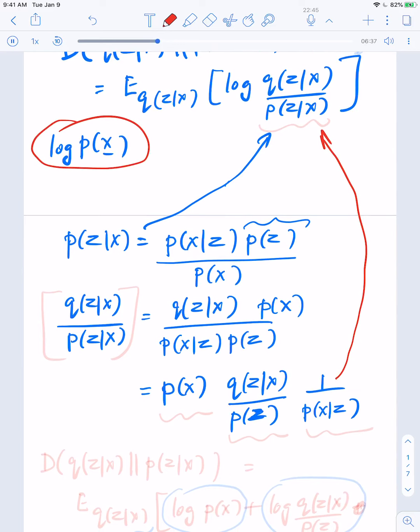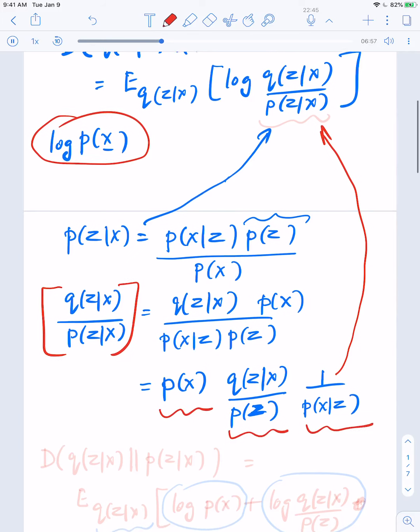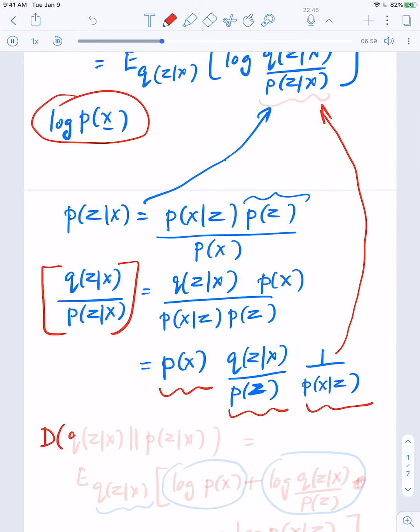Once I plug it in and realize that I'm taking the log of this quantity, all these multiplicative terms decompose into addition, and what I get is this divergence term that I had.